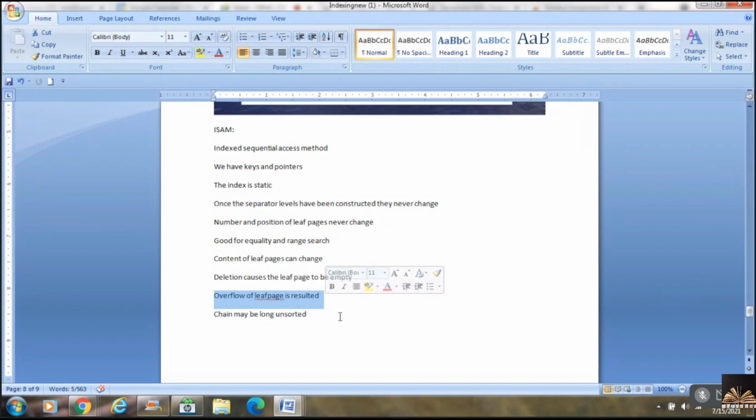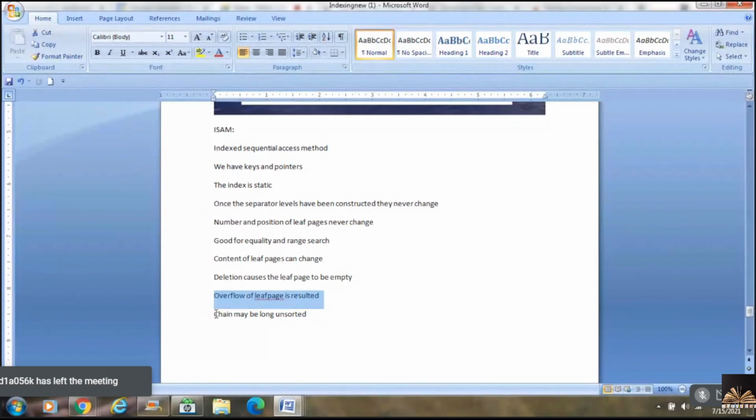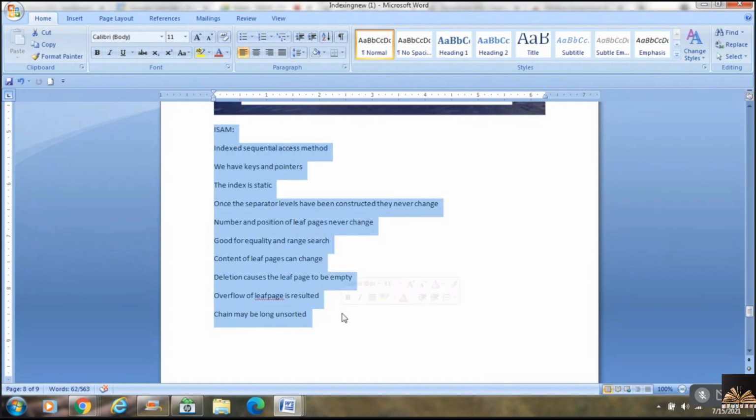This particular chain may also not be sorted. And deletion of elements causes that particular leaf page to be empty. So this is about your Indexed Sequential Access Method.